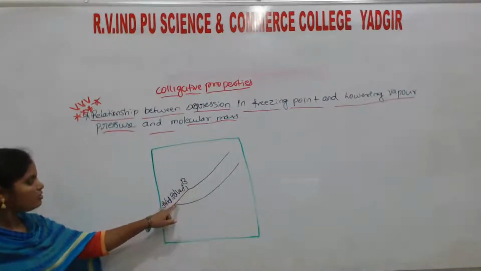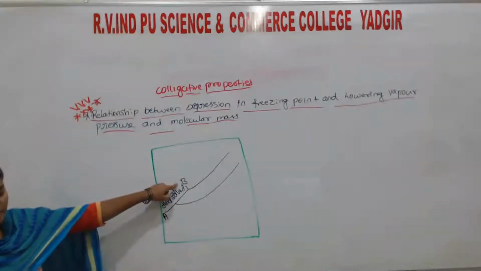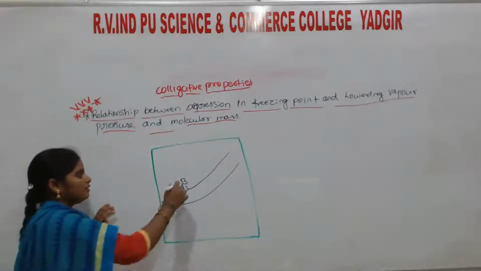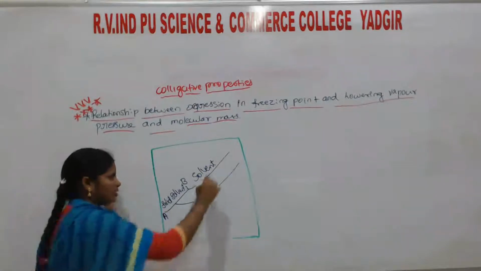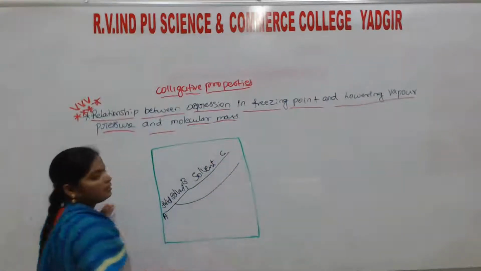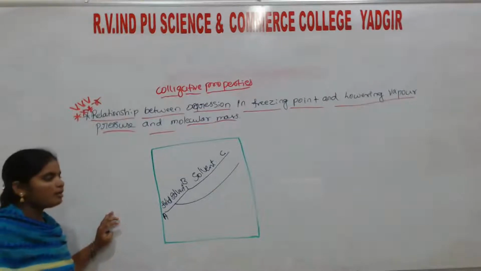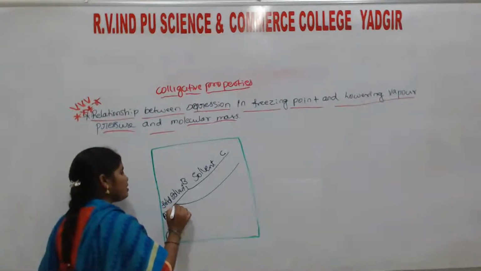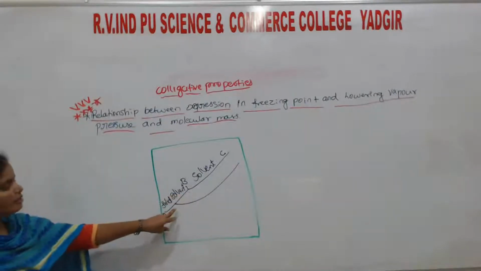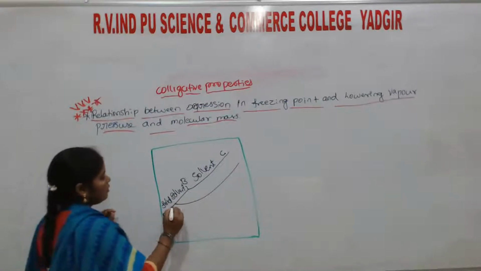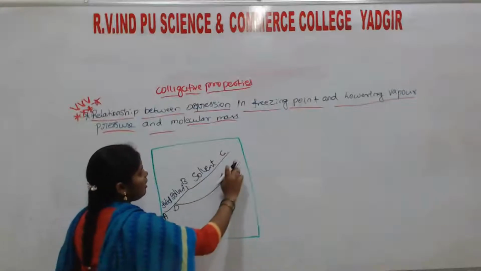This curve is the solid solvent, and here the solvent means liquid solvent. The points are A, B, C, D.